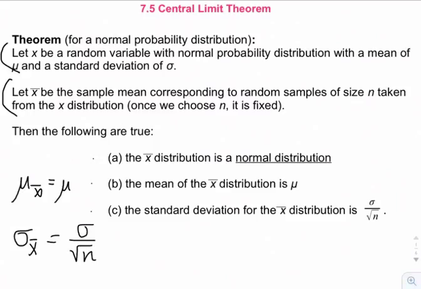So it depends on the size of your sample. If your sample gets bigger, the square root of n gets bigger, you're dividing by bigger and bigger numbers, and your standard deviation is going to shrink and shrink and shrink.